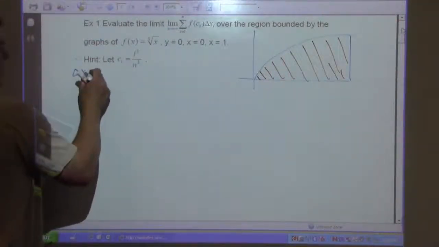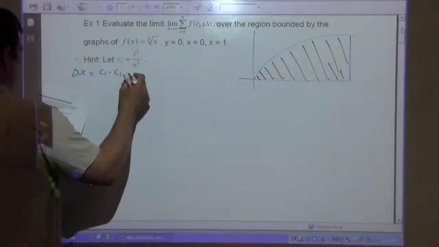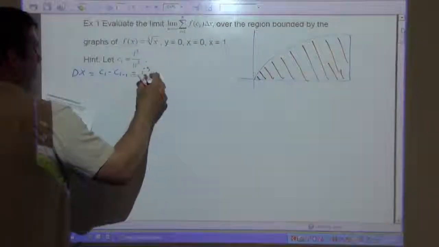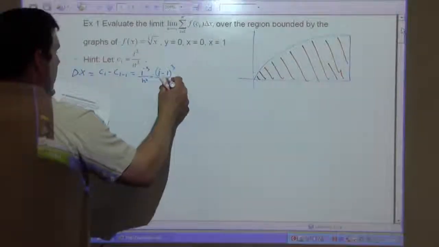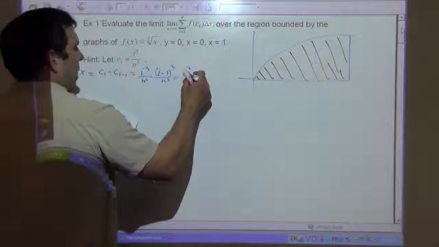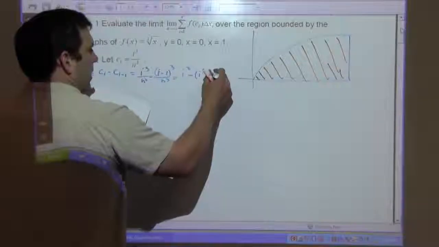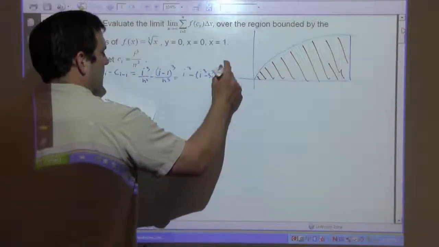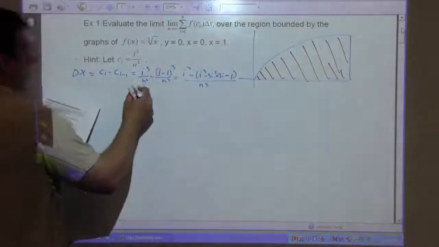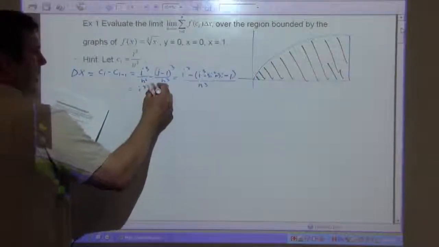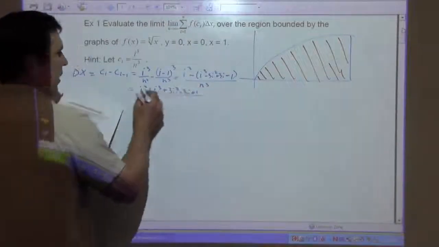So our delta x is going to be ci minus c i minus 1, which is going to be i cubed over n cubed minus i minus 1 cubed over n cubed. This is i cubed minus, this quantity would be i cubed minus 3i squared plus 3i, excuse me, minus 1 over n cubed, and that's going to be i cubed minus i cubed plus 3i squared minus 3i plus 1 over n cubed.